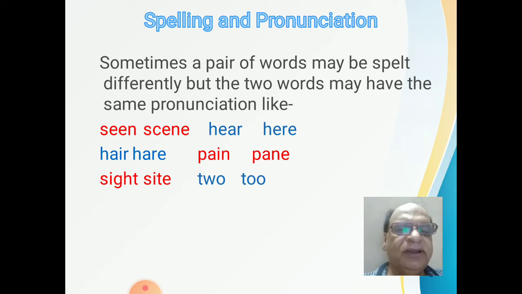The spelling is different. From the context, you will be able to know what it means. Here and hear. Pain and pane, window pane, that is. Sight and site. Two and too. So these are pairs of words. Spelling is different, meaning is very different, but the pronunciation is the same.